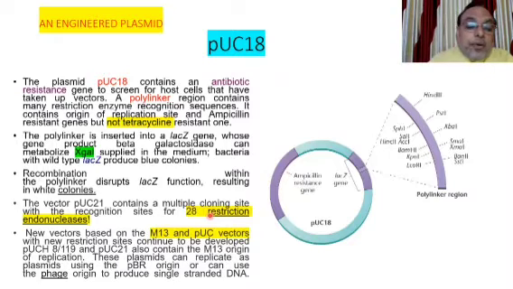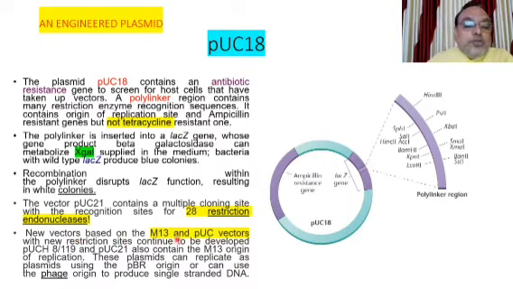And this vector is useful because it has as many as 18 restriction endonuclease sites. So it could be acted upon by 18 restriction endonucleases, and that's why 18 different types of fragments could be integrated into this polylinker region, and it will act as a recombinant DNA in a bigger way than the other plasmids.